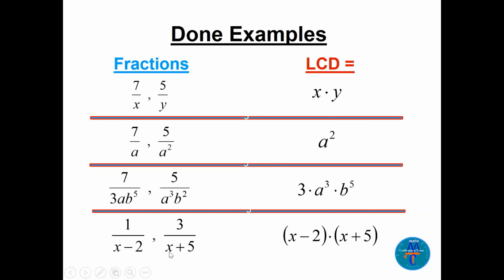X plus 5 is another number. Even if you have x and x, we cannot say x squared or whatever. So we multiply the x minus 2, that's a new number. X plus 5 is another completely different number. So x minus 2 times x plus 5 is the LCD here.